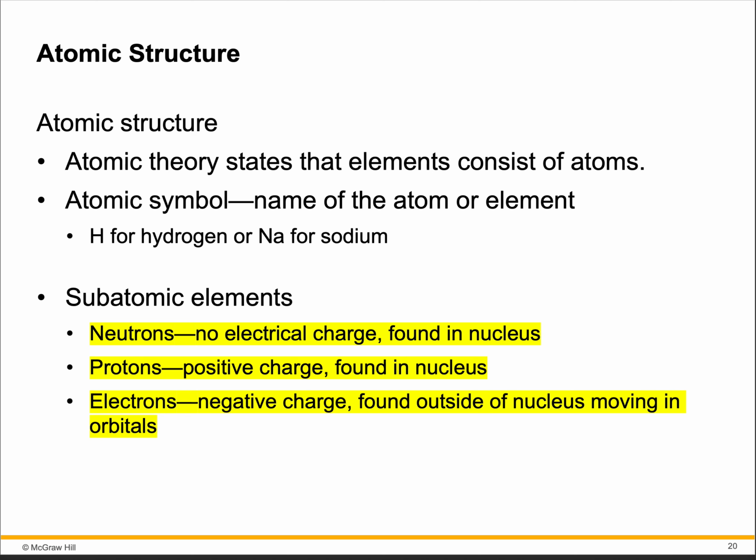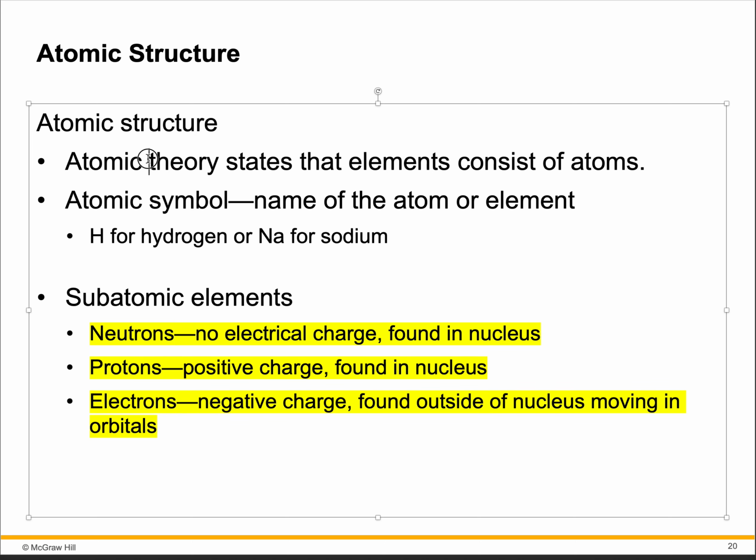Okay, on the smallest level, the atom is the smallest type of matter, and it makes up everything that we have. Atomic structure theory states that elements consist of atoms. I should emphasize this: when we're talking about a theory in science, a theory is something that is proven, just like the theory of gravity.